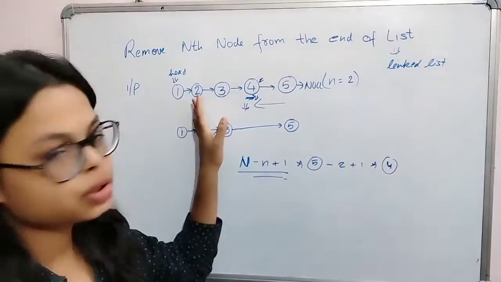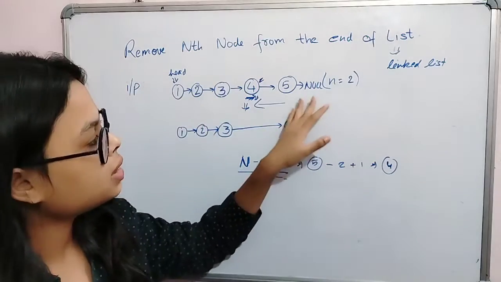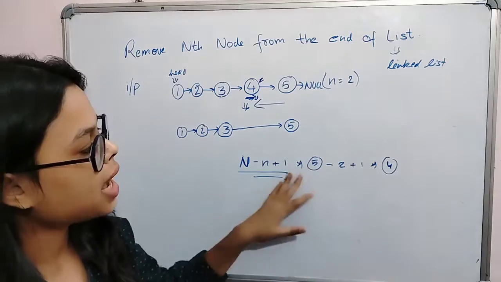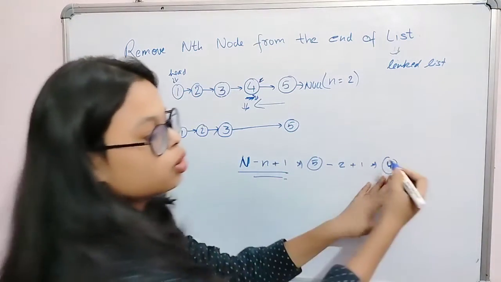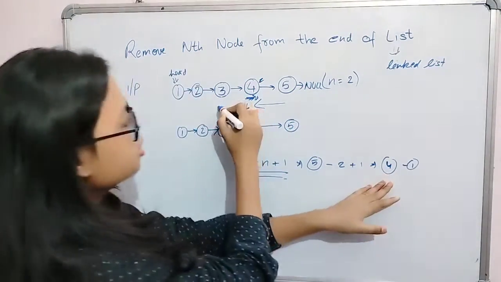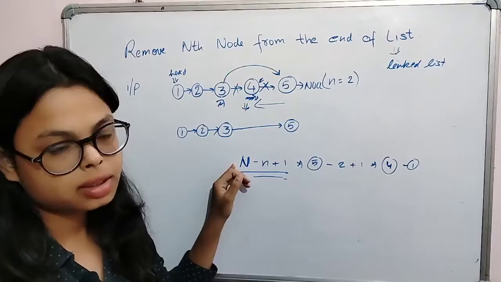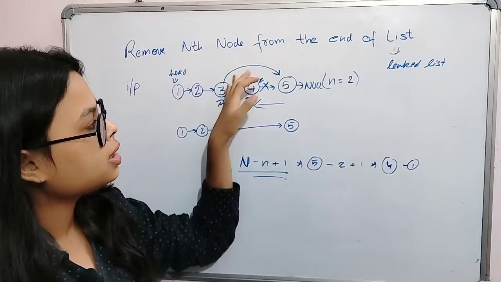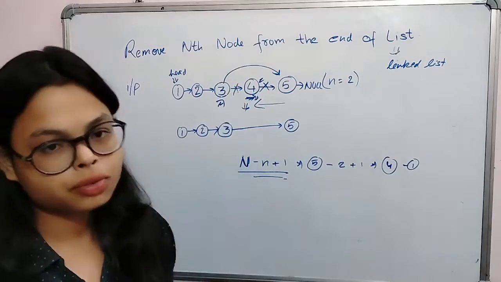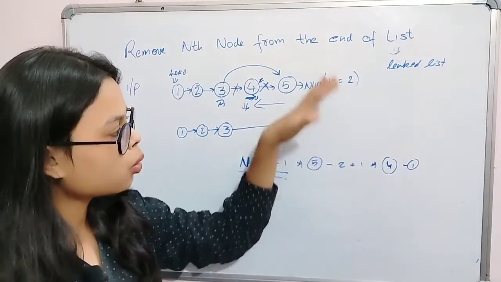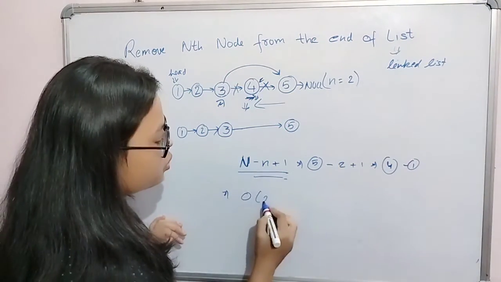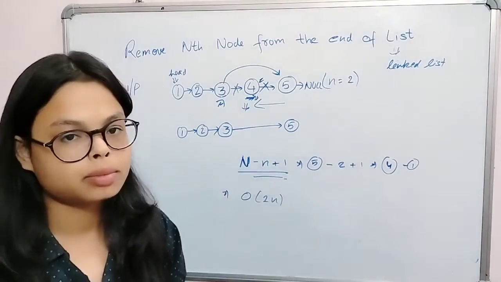In one iteration we get the length of the linked list, and in the second iteration we iterate till 4 minus 1, till here, and make this link from 3 to 5. So this whole algorithm will take O(2N).